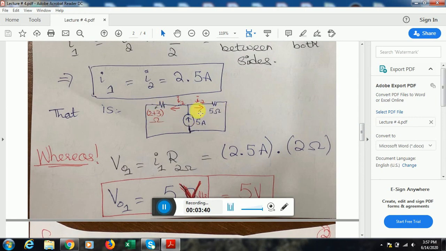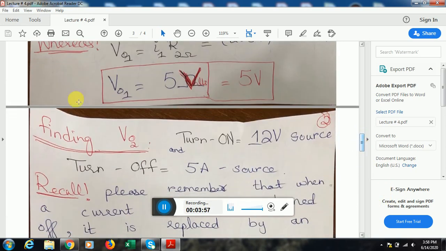But actually I have to find the voltage across the 2 ohm resistor, which is by Ohm's law V is equal to IR. Here we have to find V01, I1 across the 2 ohm resistor. By just inserting values, I find that V01, due to the 5 ampere current source, the voltage across the unknown resistor is 5 volt.